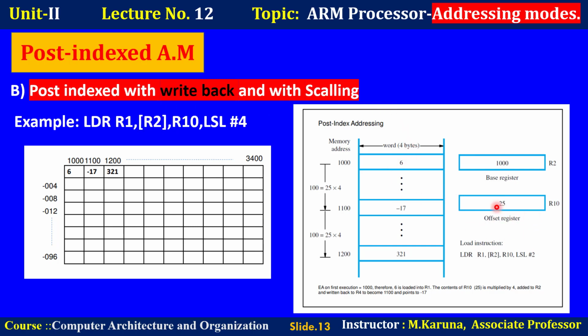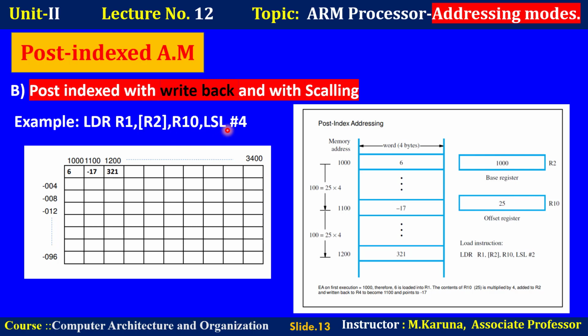Initially, all of you observe, R10 has 25 and the R2 register has the address 1000. Here we have to perform a shift left operation on 25, because R10 is the RM.